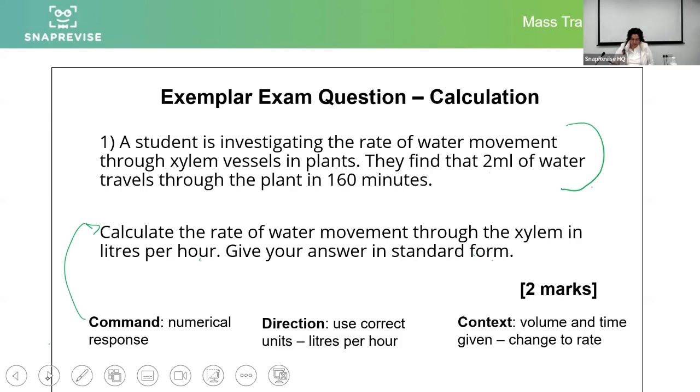And my direction is the units that I'm going to use. I'm being given information in mL and minutes, but I have a unit conversion to do because they want me to quote it in liters per hour. So take a quick minute to see how good you do with unit conversions.